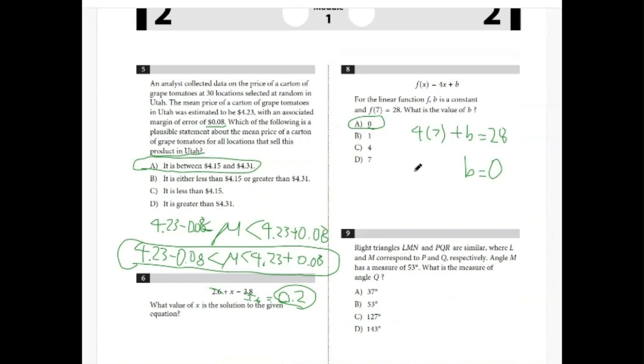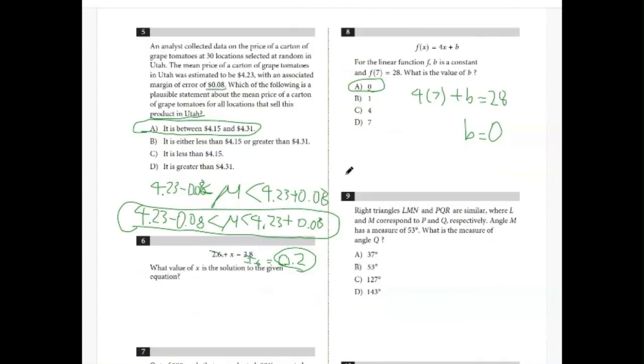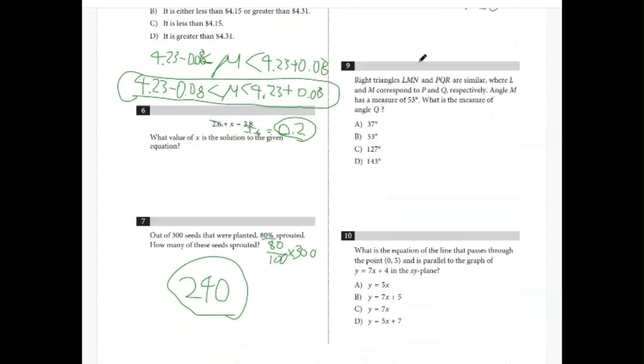Okay, moving on to question 9. Right triangles LMN and PQR are similar, where L and M correspond to P and Q respectively. Angle M has a measure of 53 degrees. What is the measure of angle Q? Since here it's a geometry problem, I like to draw things out here.